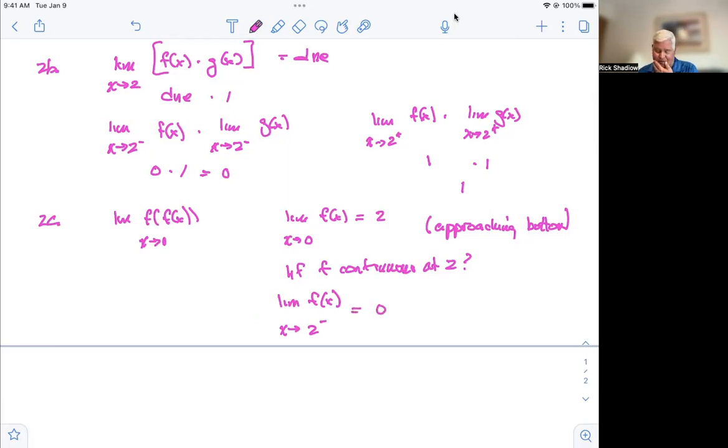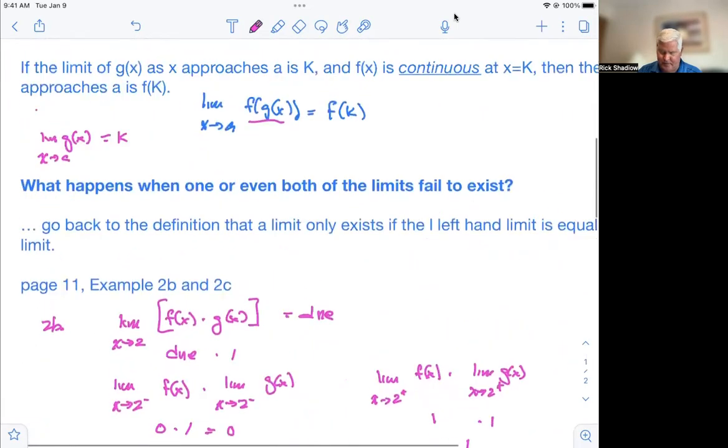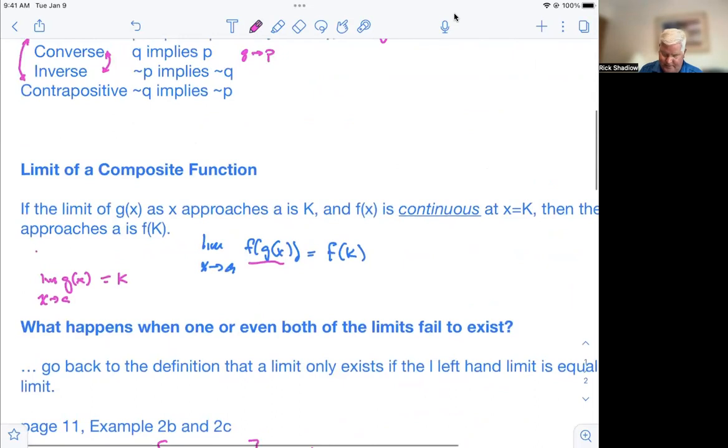So even though it's not continuous at 2, I still can evaluate this limit. You're probably scratching your head a little bit. Well, how can you do that? Because the definition said it had to be continuous. That is, you're trying to apply the converse as compared to the actual conditional.